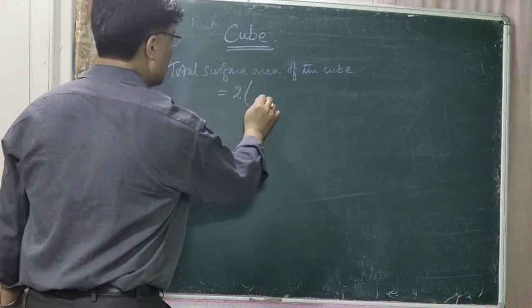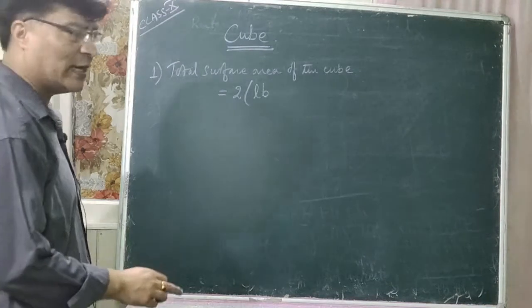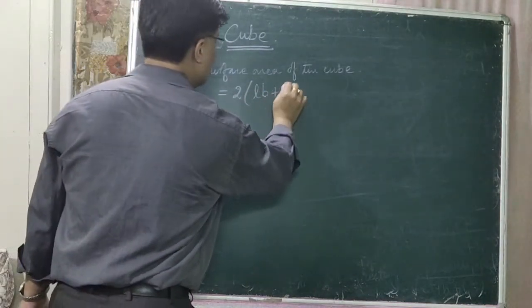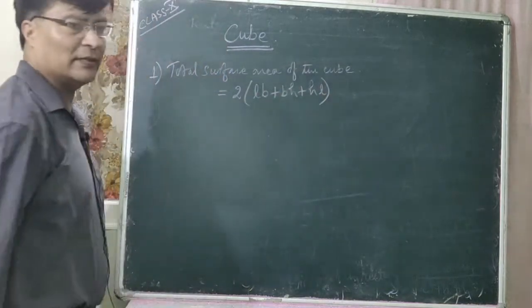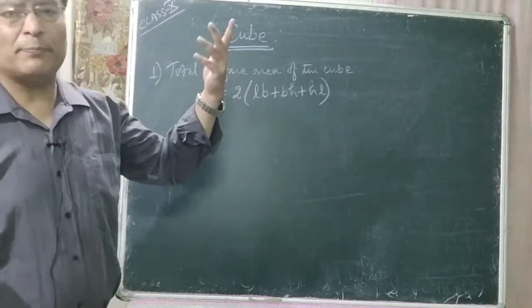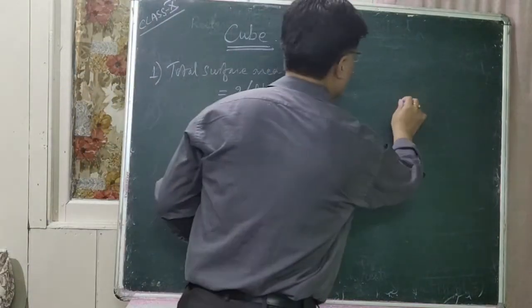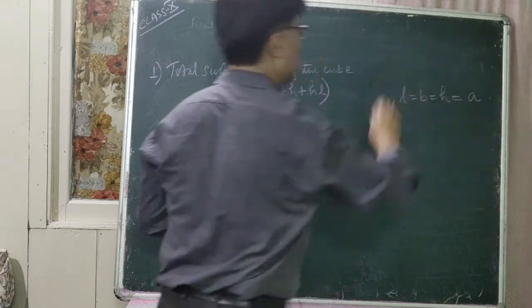So twice within bracket, what is the formula for rectangular parallelepiped? Total surface area twice LB plus BH plus HL. Is that clear? तर क्युबमा लेन्थ ब्रेथ हाइट सबै इक्वल हुन्छ. That is L is equal to B is equal to H is equal to A भनेर लेख्ने.